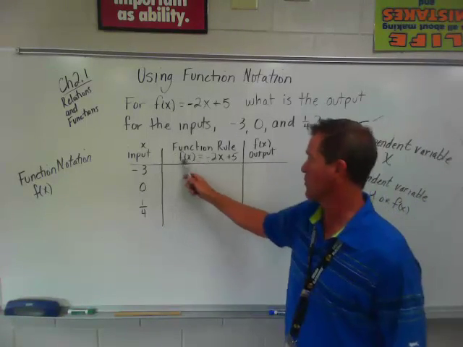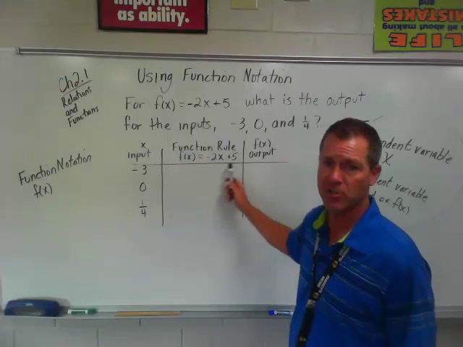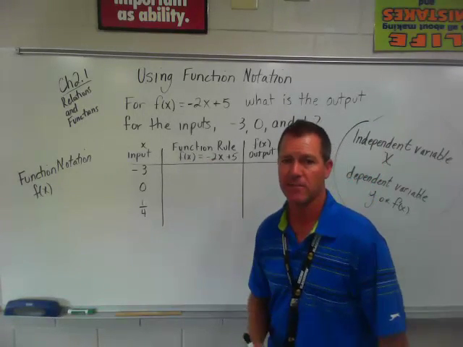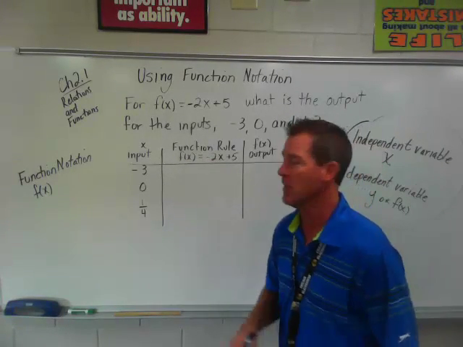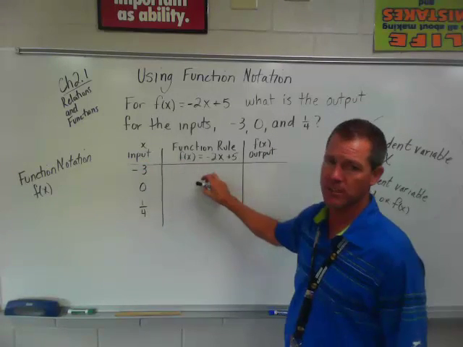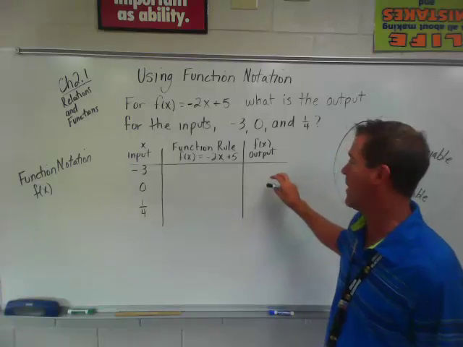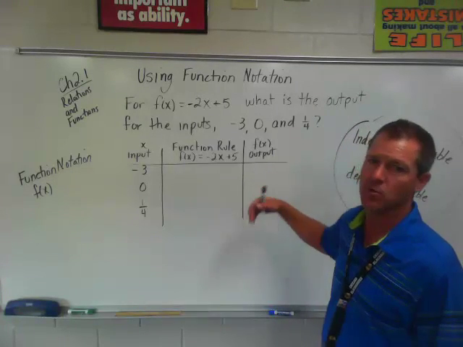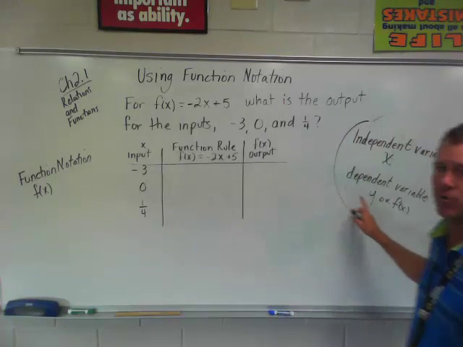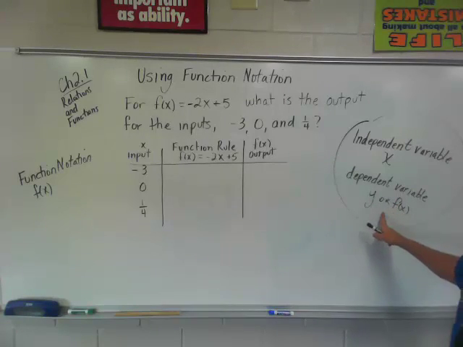And then we've got our little machine here, this function rule, f of x equals negative 2x plus 5. That's like a machine. So I'm feeding the input into the machine. I'm going to put it in place of the x, and it will chug out an output, which is the f of x or the y value, also known as the dependent variable.